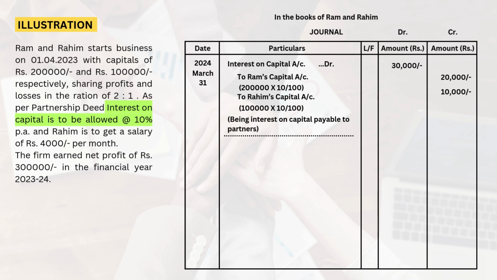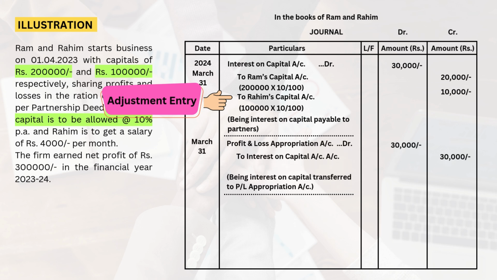Ram's capital is 2 lakh, hence 10% of 2 lakh is 20,000, and Rahim's capital is 1 lakh, 10% of 1 lakh is 10,000. It is the adjustment entry. The second entry for this transaction will be profit and loss appropriation account debit, rupees 30,000, to interest on capital account, rupees 30,000. It is the closing entry.